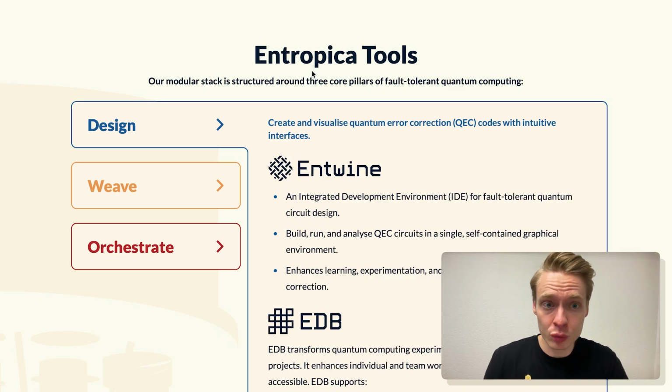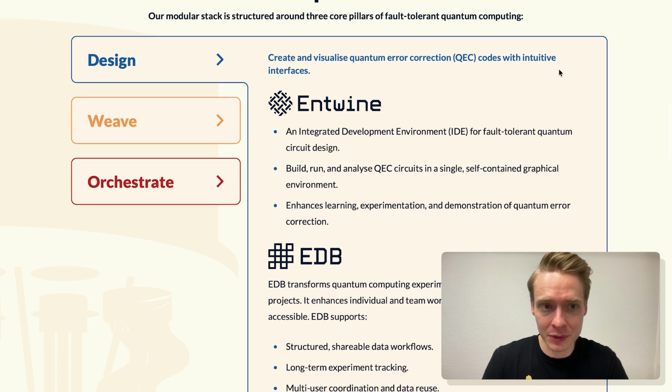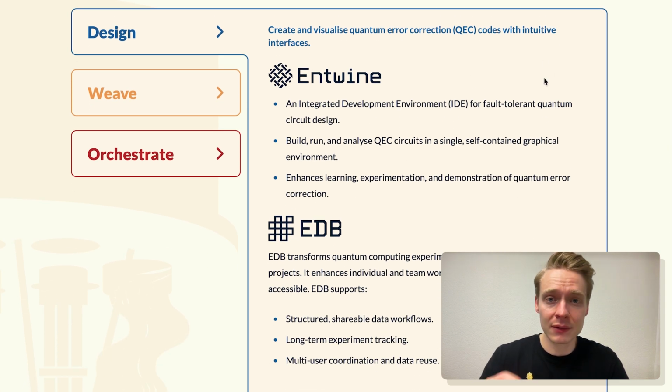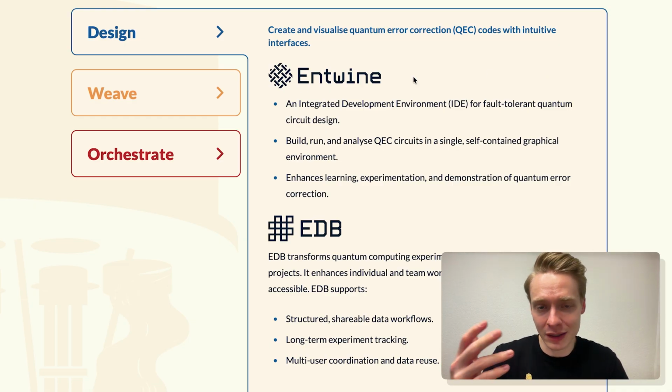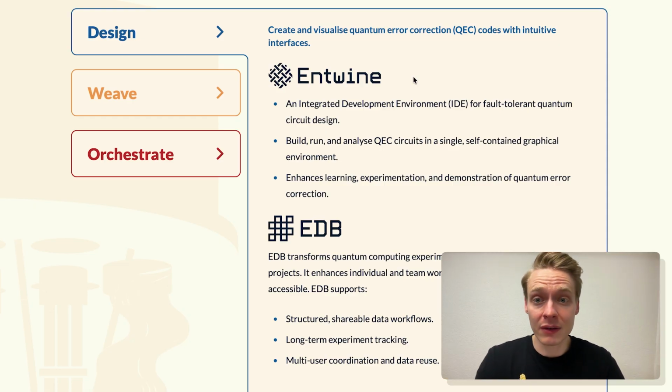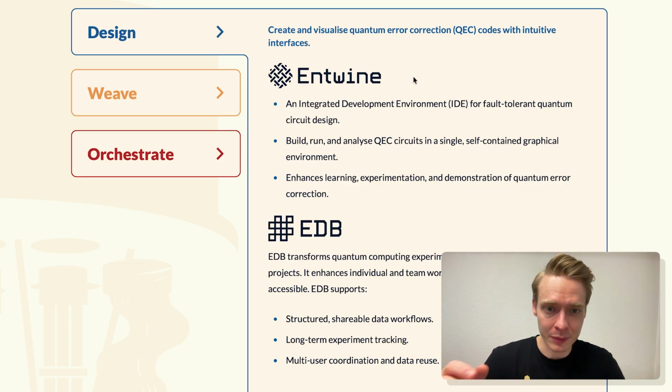So Entropica's tool stack is structured around 3 core pillars of fault-tolerant quantum computing. Number 1 is design. Create and visualize quantum error correction codes with intuitive interfaces. And there's Entwine, we've read about that before, an integrated development environment, IDE, for fault-tolerant quantum circuit design: build, run, and analyze quantum error correction circuits in a single self-contained graphical environment, enhancing learning, experimentation, and demonstration of quantum error correction.